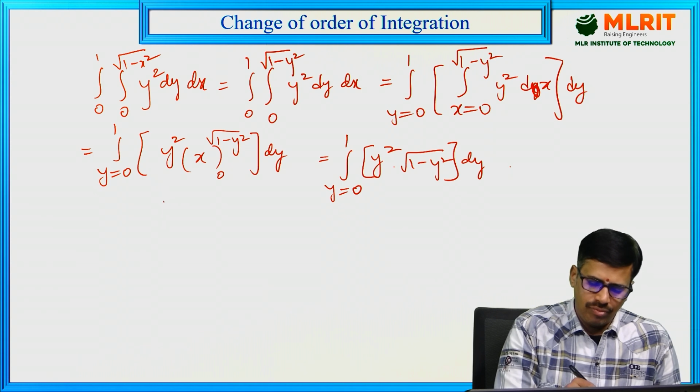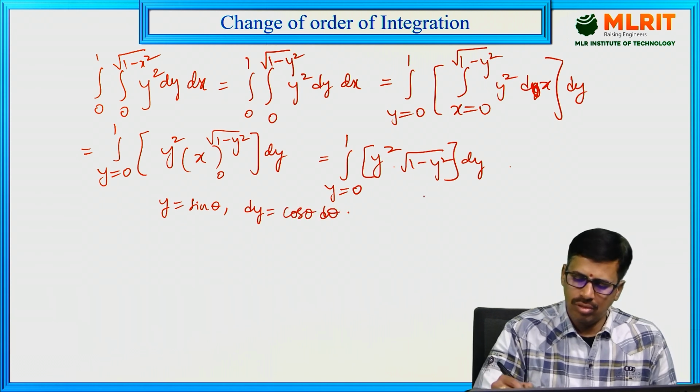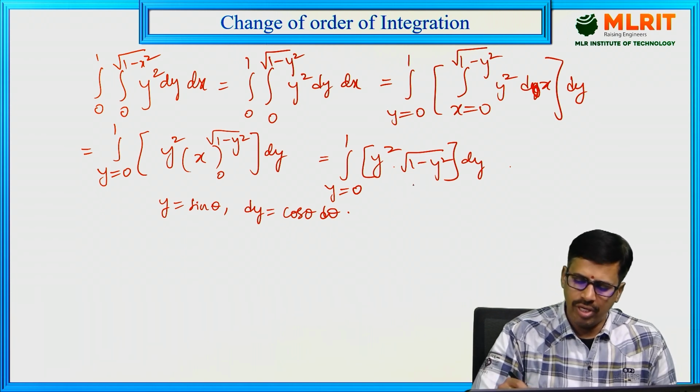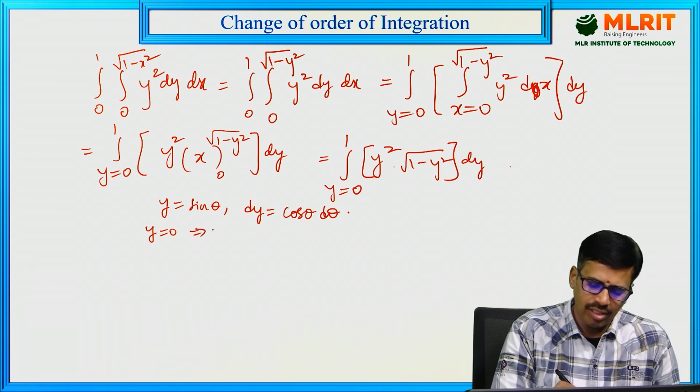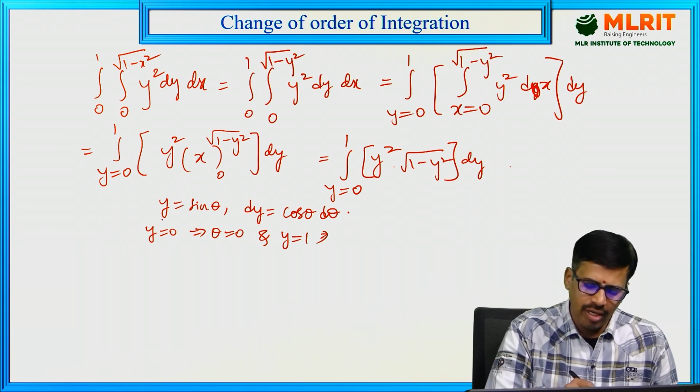So let us write y is equal to sin theta, dy is equal to cos theta d theta. So let us convert this from Cartesian to polar. So theta is equal to, if y equal to 0, what is theta value? Sin theta 0 means theta value 0. If y is equal to 1, substitute y equal to 1 in this equation.